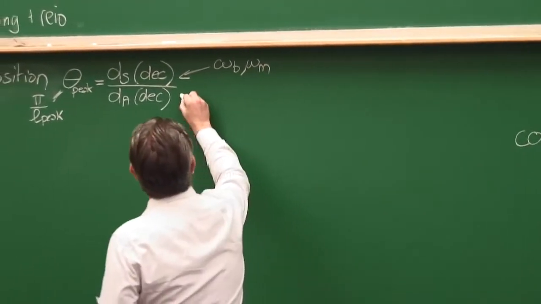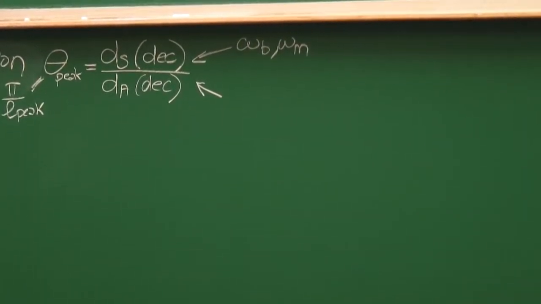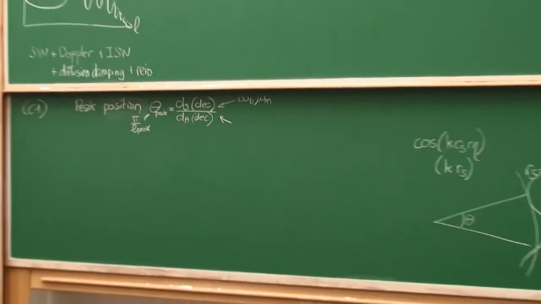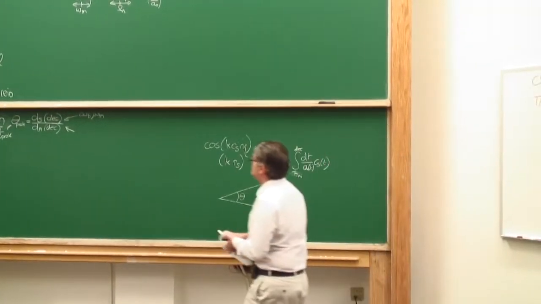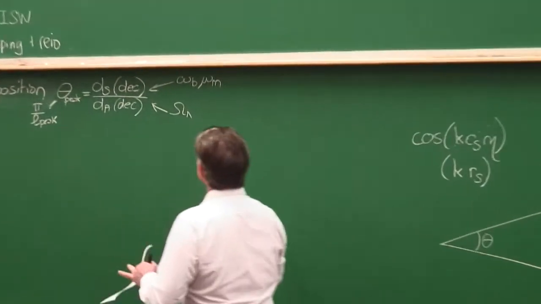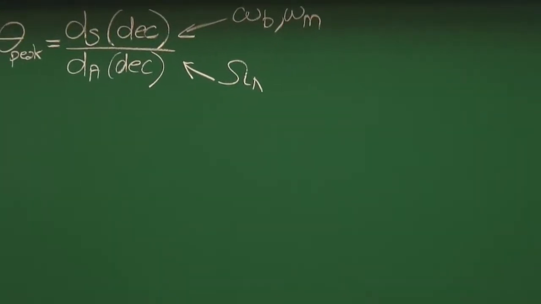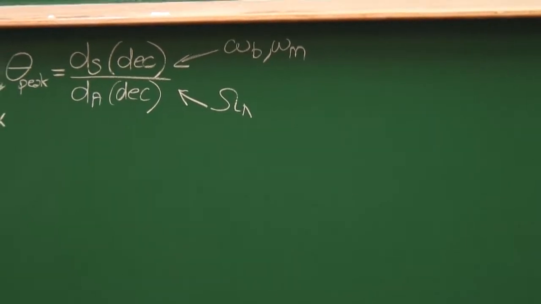On the denominator, you only need, in order to compute the angular diameter distance, to integrate background quantities between today and recombination. The only freedom is in the time of matter lambda equality. So the only important parameter here is omega lambda. At least in this parameter basis that we choose, we can do this clear decomposition of the effects.